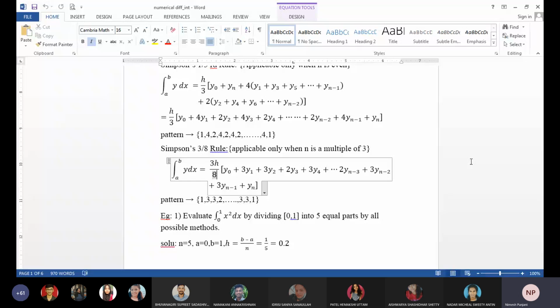If we take the interval a to b divided into n parts, what is the a का value? A will be your lower limit, na sir?